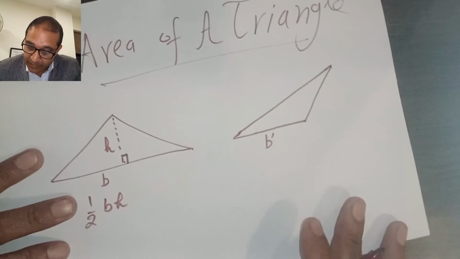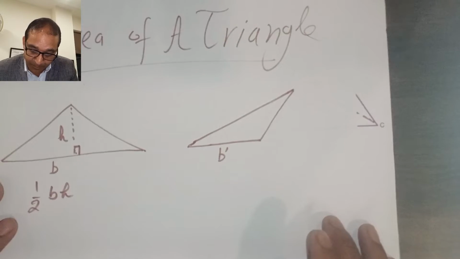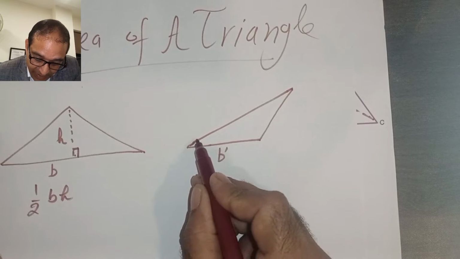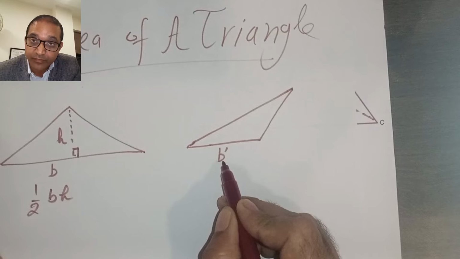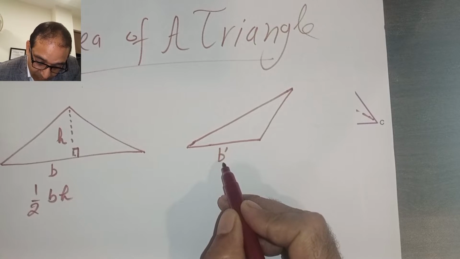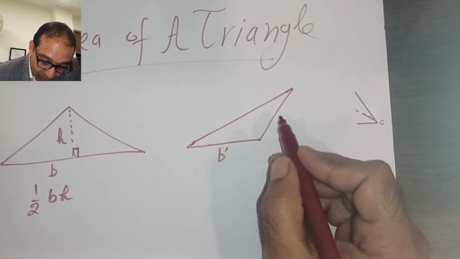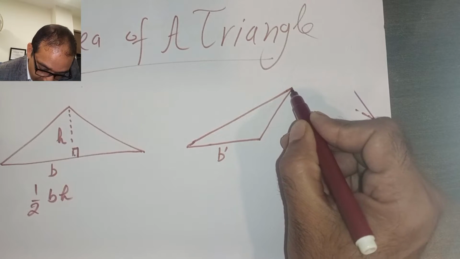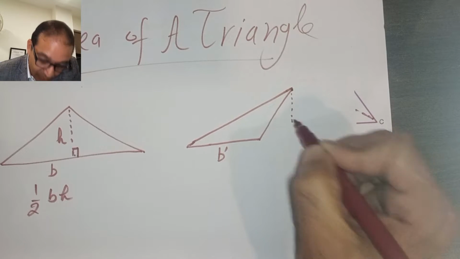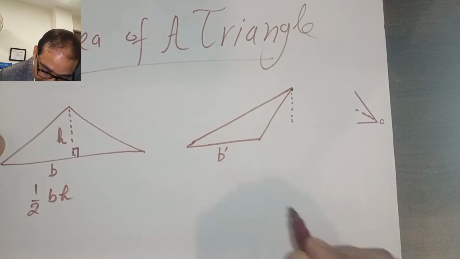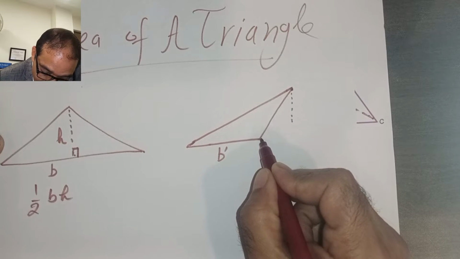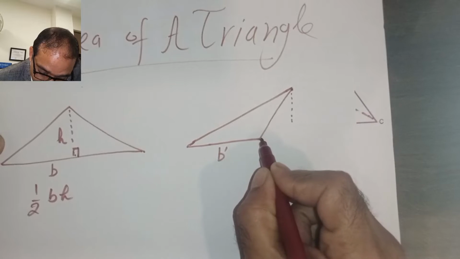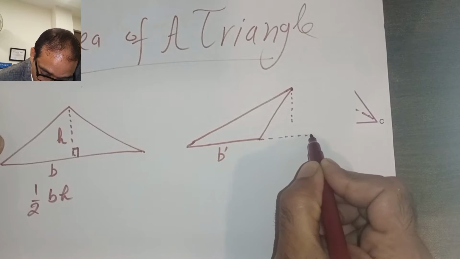Now here in this triangle, there is a problem. If we are taking this side as the base, then the altitude has to be dropped from this point. When we are dropping the altitude, where will be its foot? To find its foot, we have to extend this side of the triangle this way.